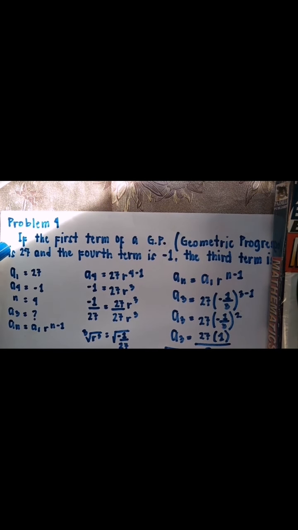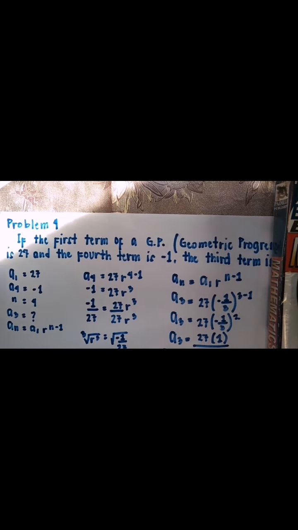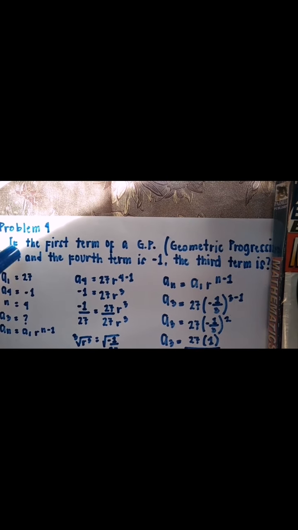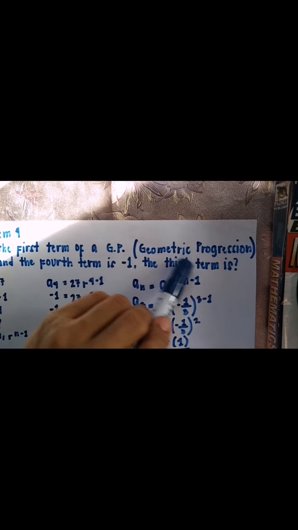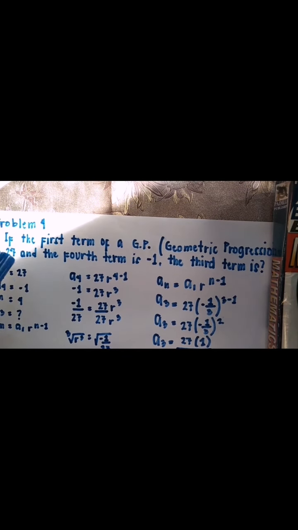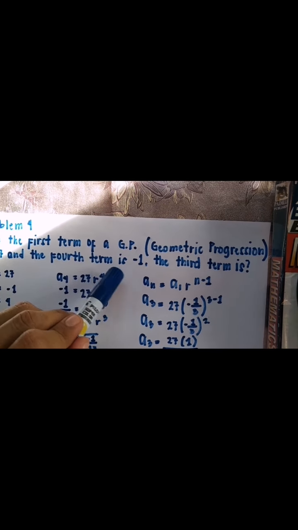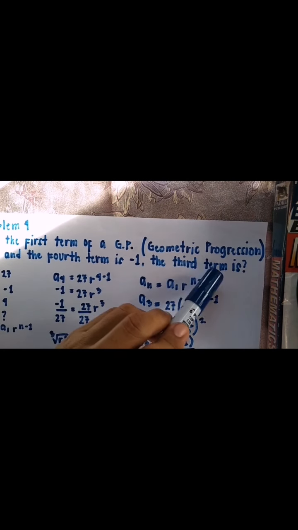So let's try solving the geometric progression problems. Here is problem number 4. If the first term of a geometric progression is 27 and the fourth term is negative 1, the third term is?